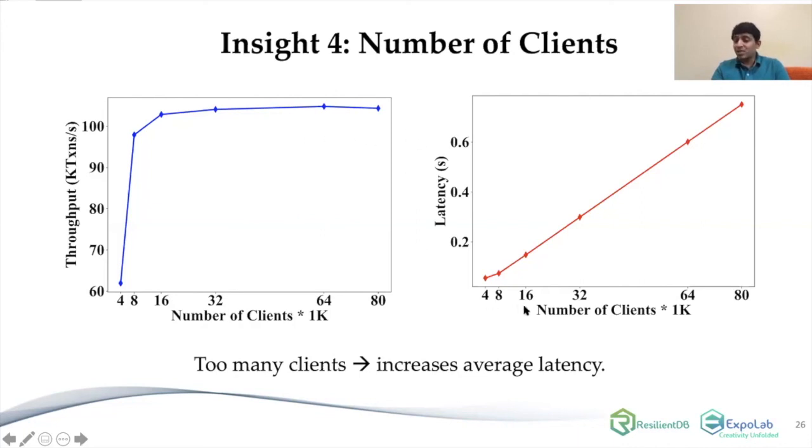While as you keep on increasing the number of clients, the latency keeps on increasing. Why does this happen? Because the more client requests there are in the system, the system becomes loaded, the queues are full, and that increases the latency for processing the request per client.